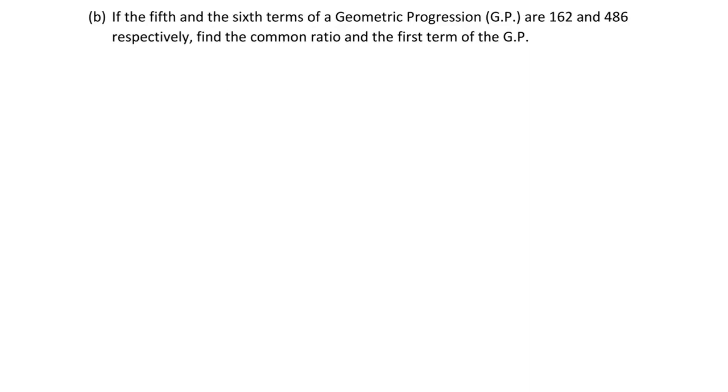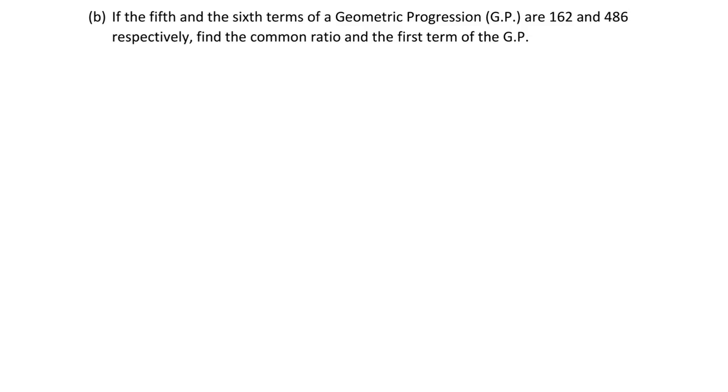Part B. If the fifth term and the sixth term of a geometric progression are 162 and 486 respectively, find the common ratio and the first term of the geometric progression. This is coming from geometric progression.